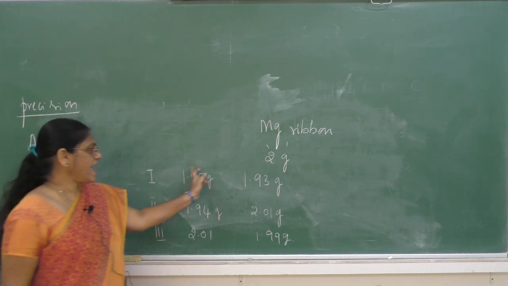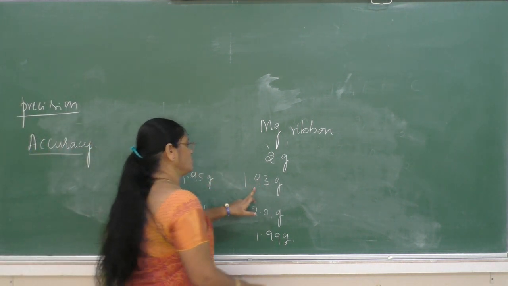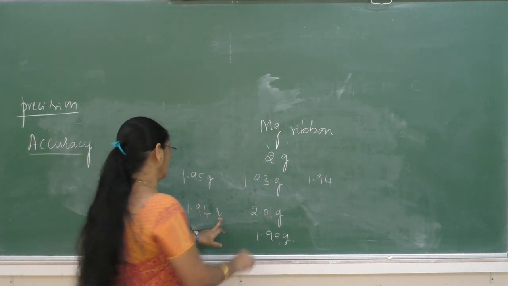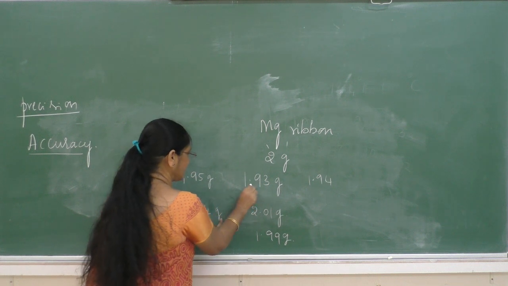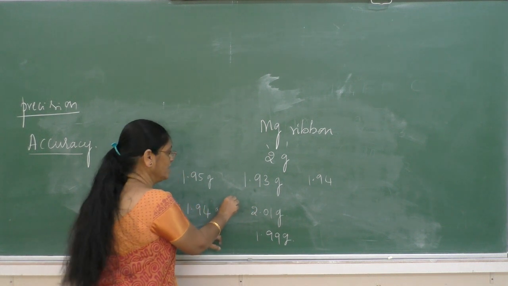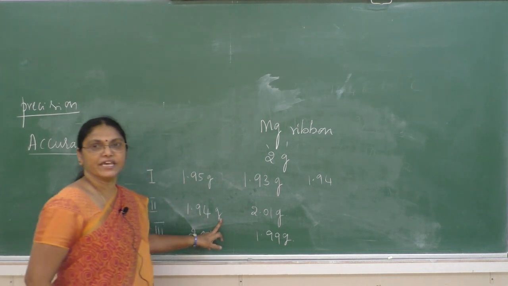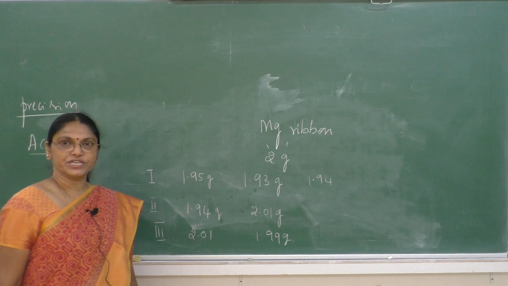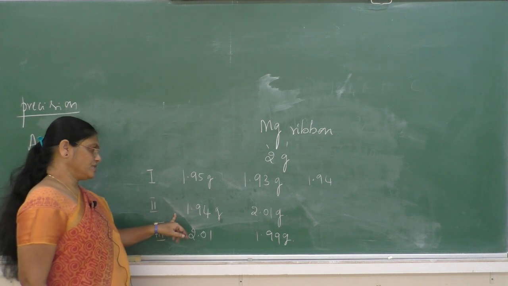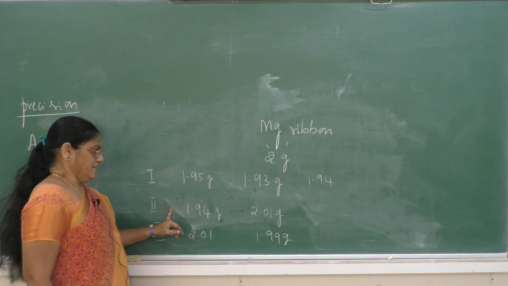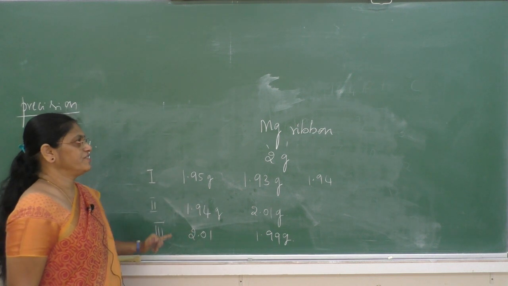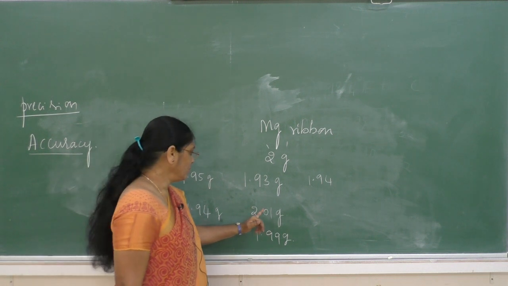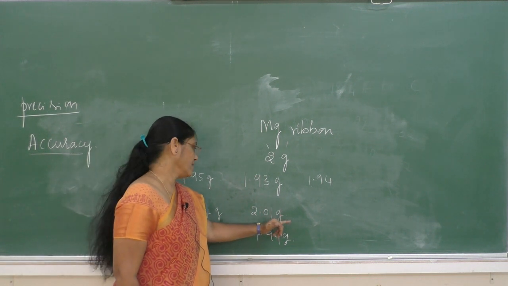Then what is the average of these two masses? Add these two numbers and divide by 2. Then you will get 1.94 as the average mass of the magnesium ribbon. The second student measures the mass as 1.94 and 2.01 grams.